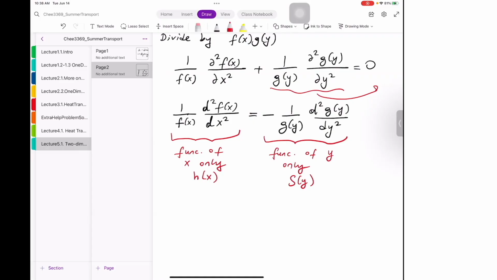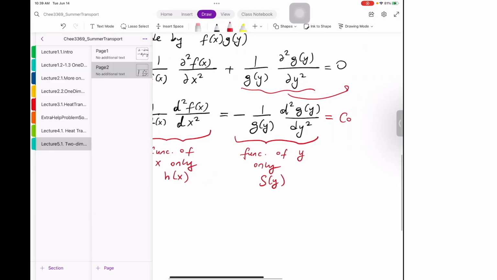Exactly. The only way we can reconcile the two things is we need to equate it to a constant. Cameron, is it you? No, it's Christina. Christina. Okay, great. So this is a constant. Excellent point. This must be a constant.